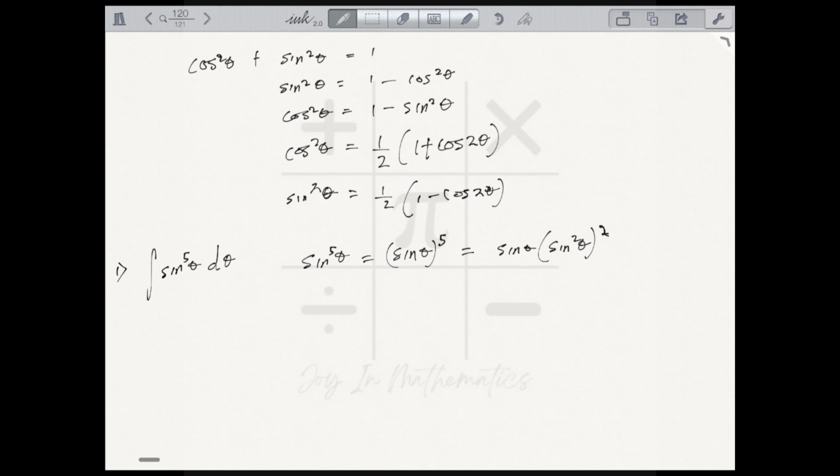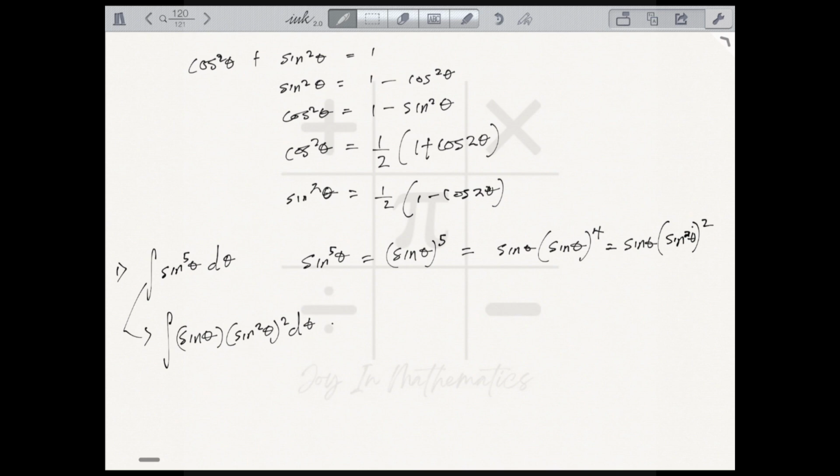So this is the integral of sine theta multiplied by sine squared theta squared d theta.